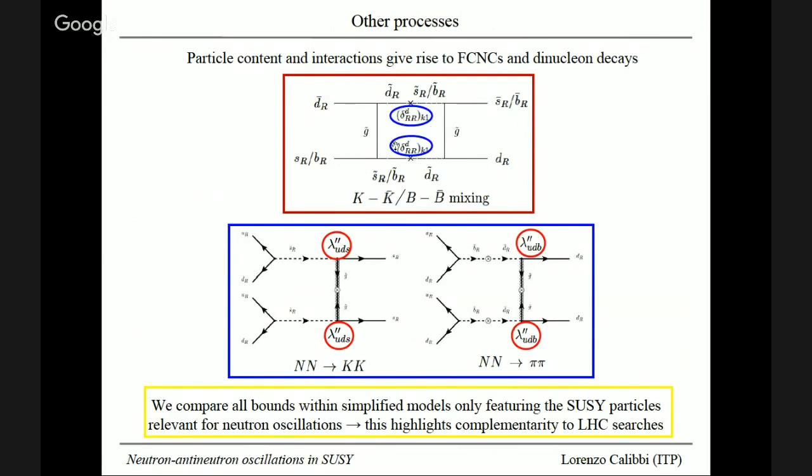Of course, if these flavor violating parameters are complex, this can give rise also to CP violation in KK bar mixing, and the dinucleon decays. So if we have this lambda double prime UDS, we can write a diagram like this that allows decay of 2 neutrons or 2 protons to kaons.